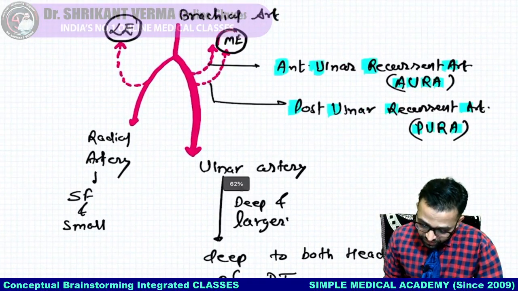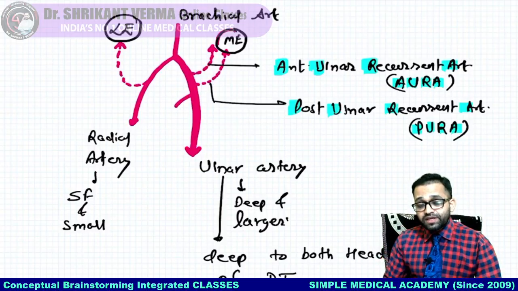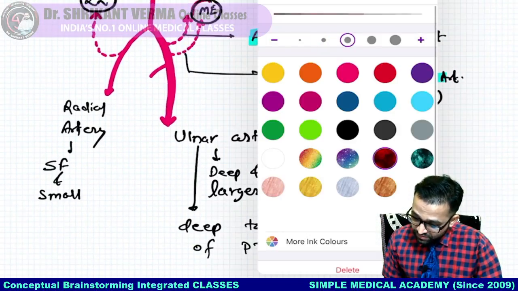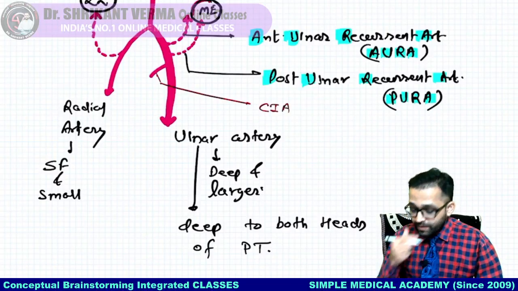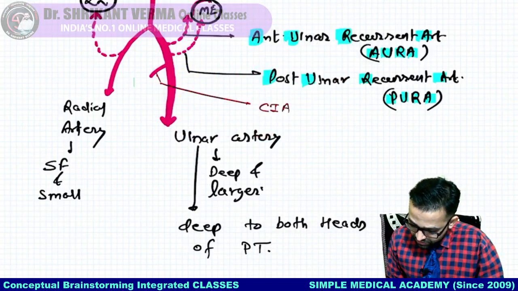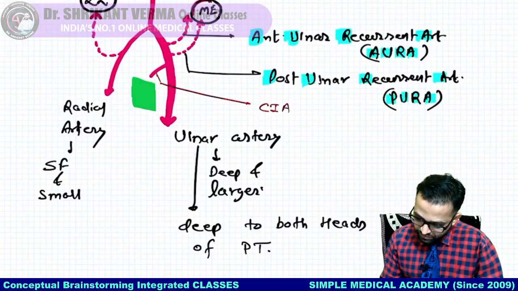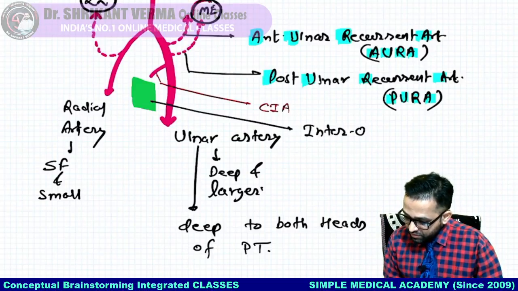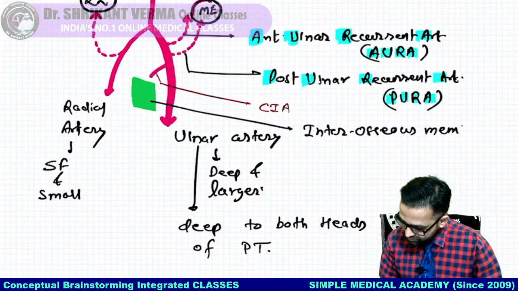Getting the point? And then you can see here the one branch which was running in close relation with the interosseous membrane. So what was the name of this artery? This was known as the common interosseous artery, and this was dividing into the anterior and posterior interosseous artery. Suppose this is the interosseous membrane.